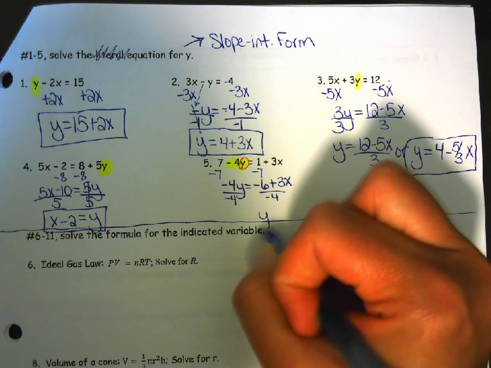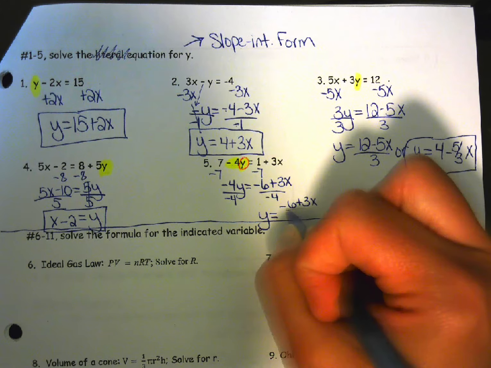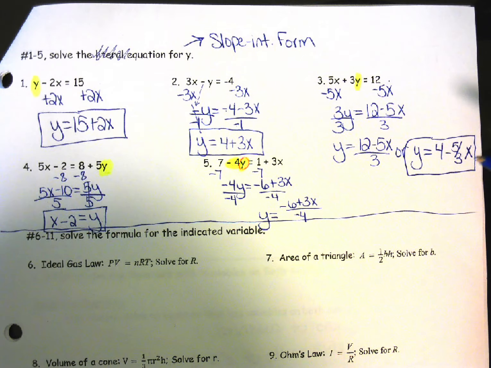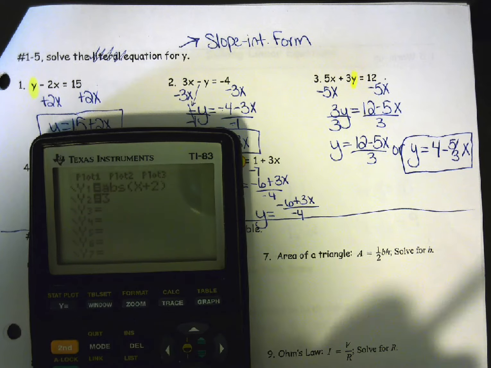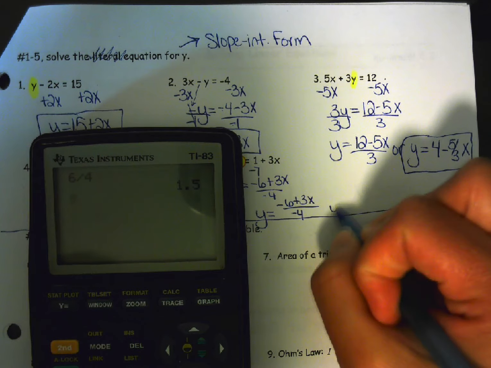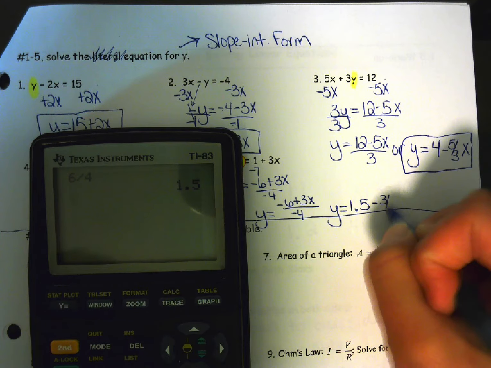Now again, what do you want to do here? You've got negative 6 plus 3x divided by negative 4. Both of these are fractions. So I think a lot of people would leave it. Some people might go ahead and divide out the 6 and the 4. So 6 divided by 4, so you have 1.5 and then minus 3/4 x.